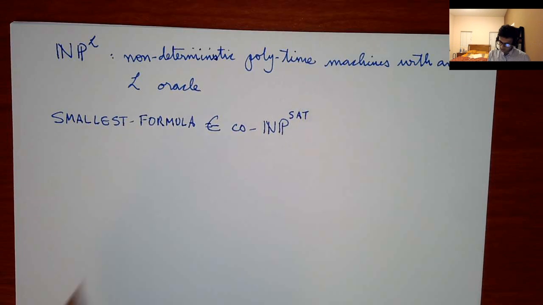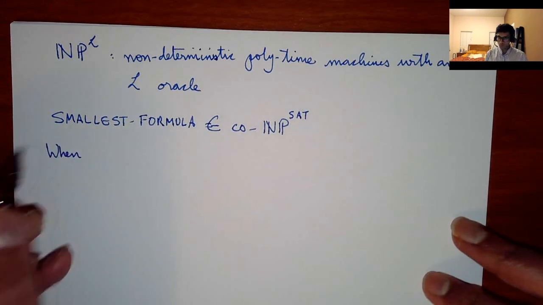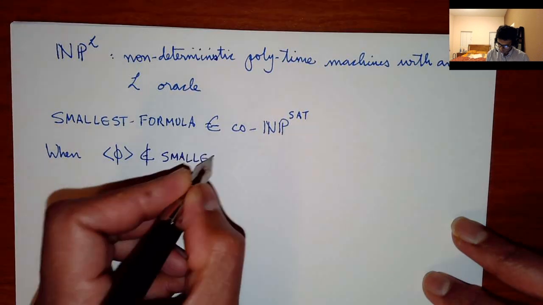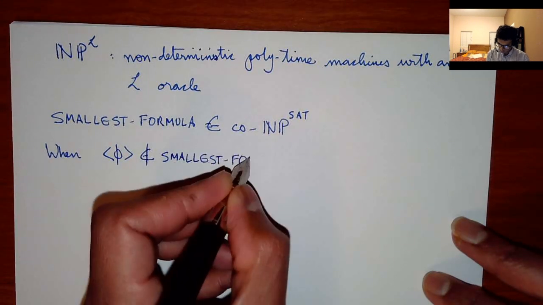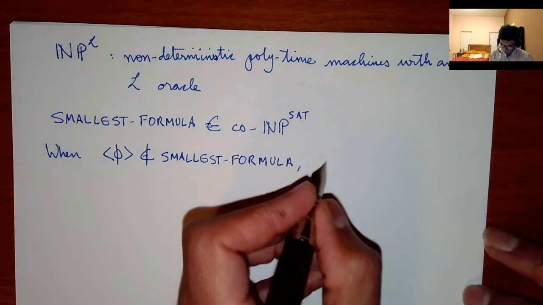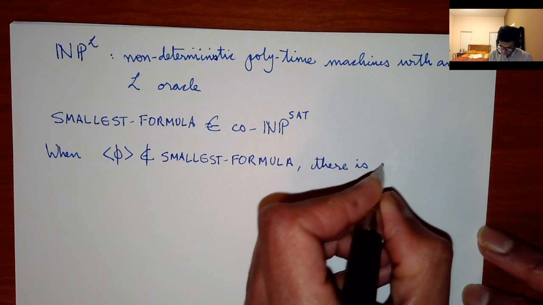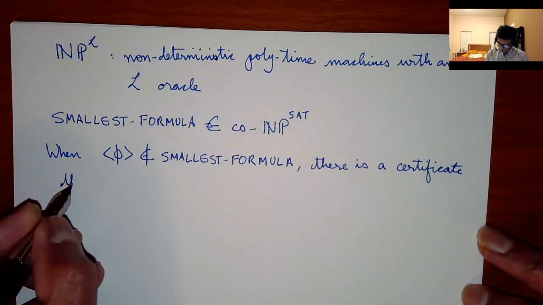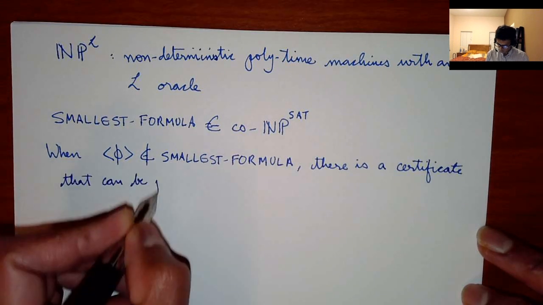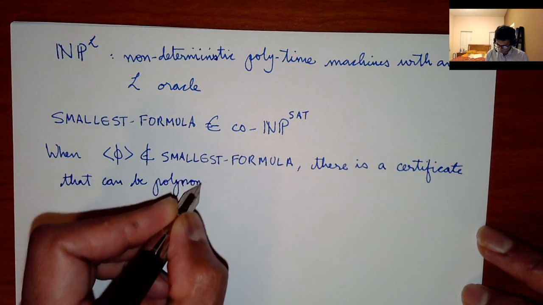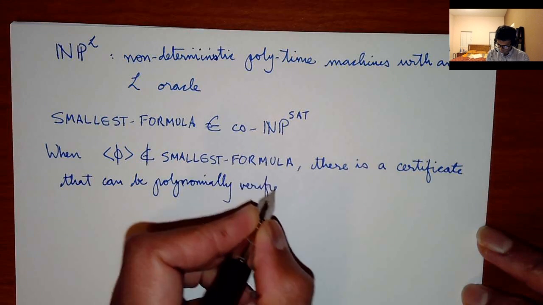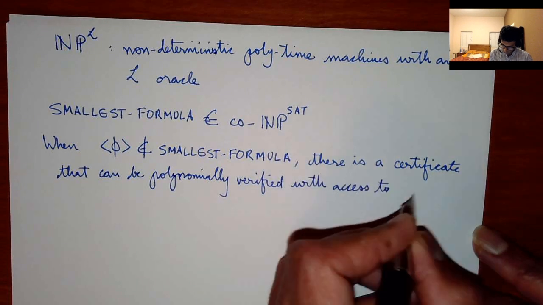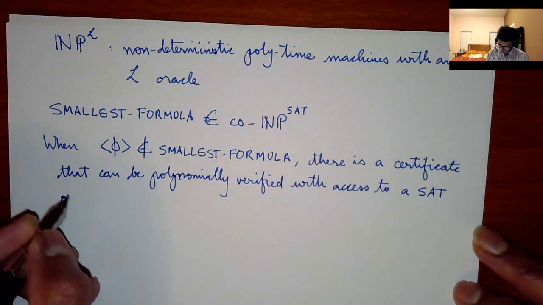It says when phi is not in smallest formula, there is a certificate that can be polynomially verified with access to a SAT oracle.